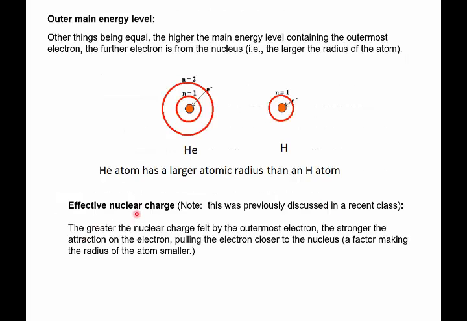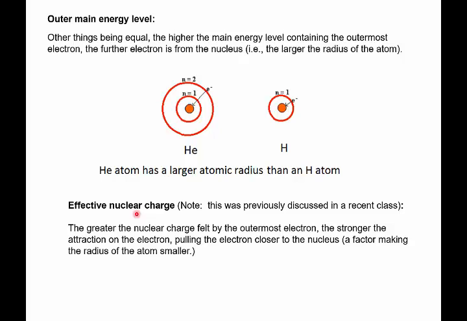Now, the outer main energy level. Other things being equal, the higher the main energy level that contains the outermost electron, the further the electron is from the nucleus. That is, the larger the radius of the atom. In the example here, we compare the size of two atoms, a helium atom with a hydrogen atom.